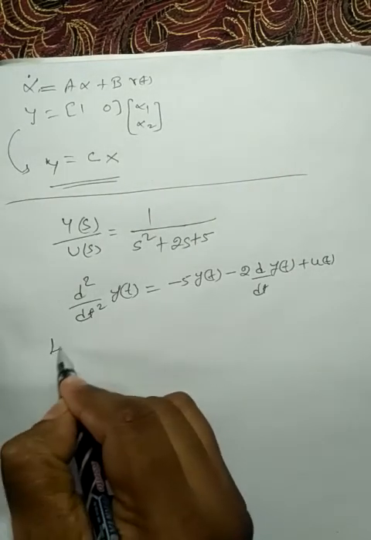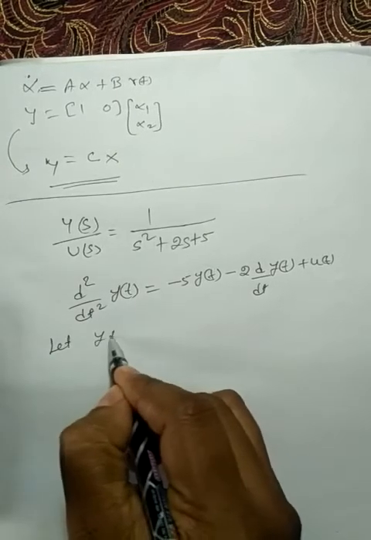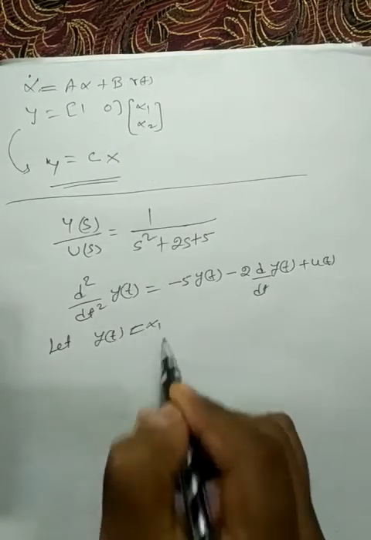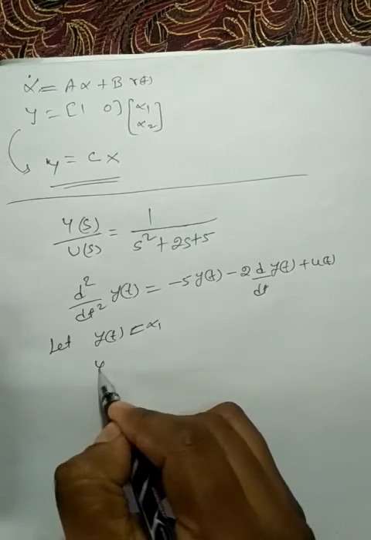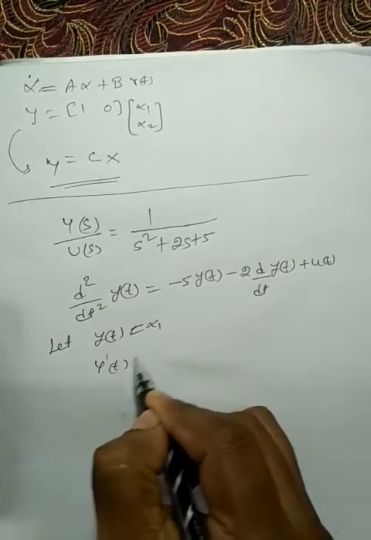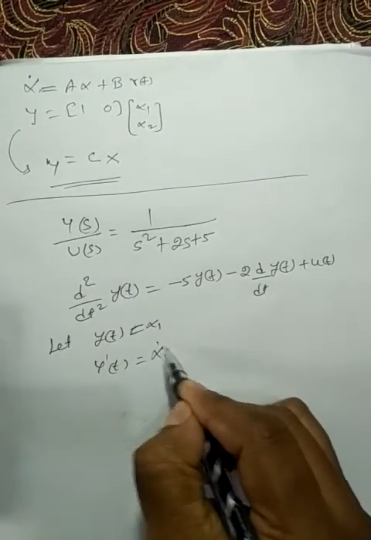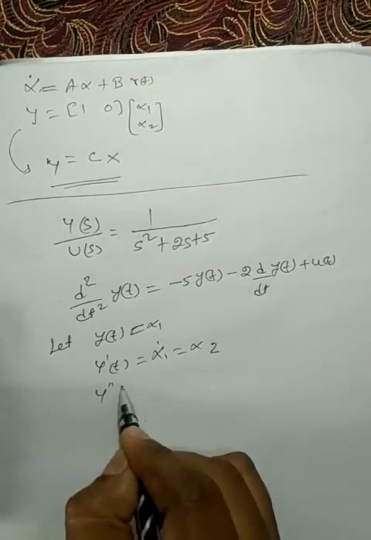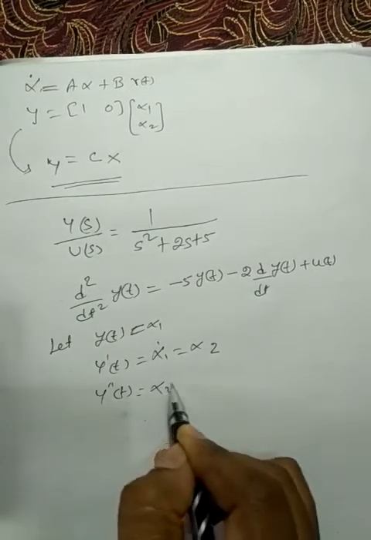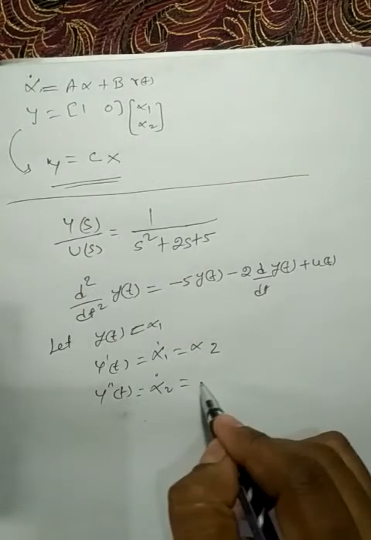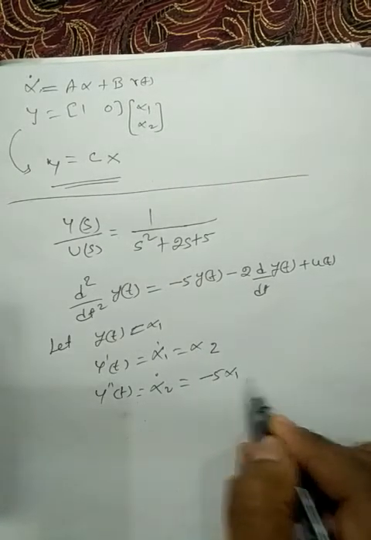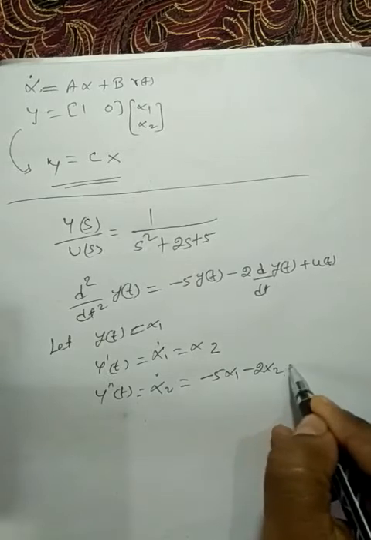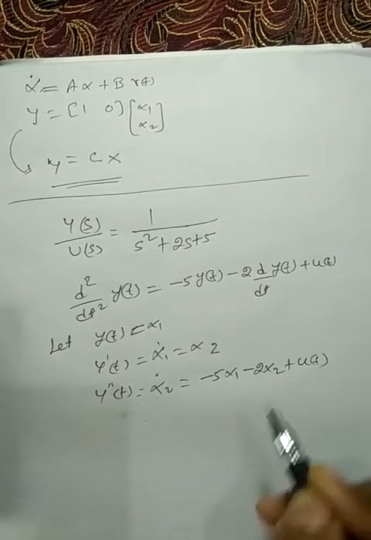And let yt is equal to x1, then y dash t will be x1 dot is equal to x2, and y double dash t will be x2 dot is equal to minus 5x1 minus 2x2 plus ut.